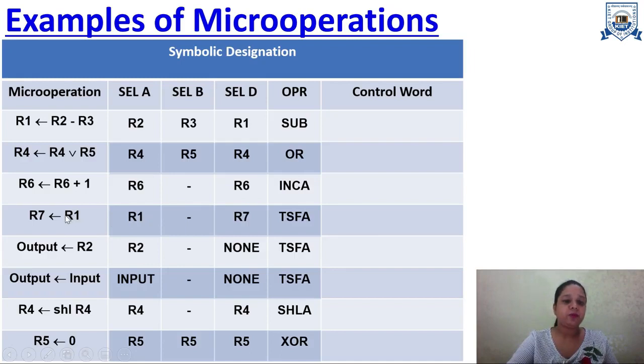Here, the first input register, it is just a transfer of R1 to R7.